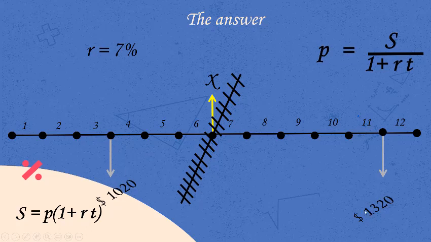And the time for 1320 is the distance between the focal date and the end of the 11 months, which is equal to 1, 2, 3, 4, 5 months. The time for x equals 0.